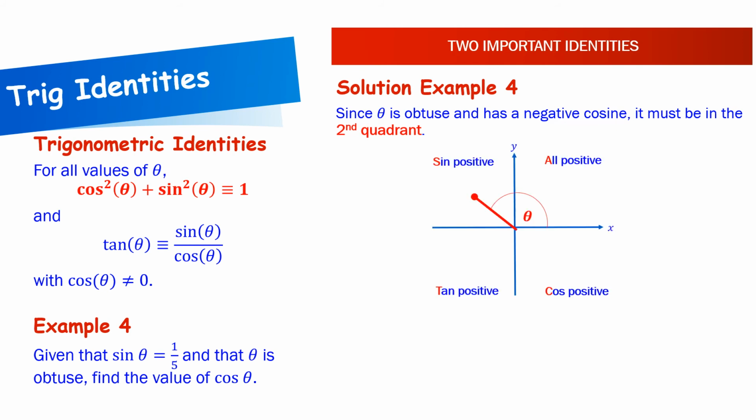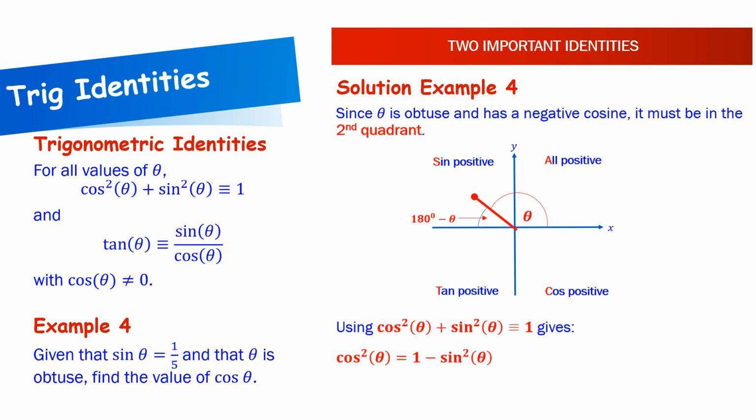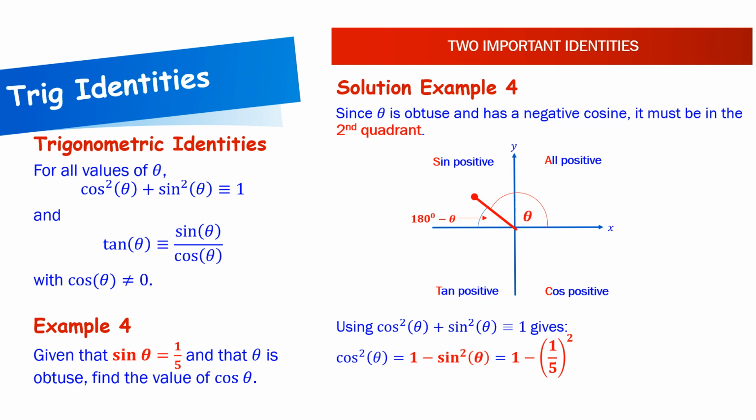as shown. And of course, the little angle that you can see is 180 degrees minus theta. We're going to use the identity cos squared plus sine squared is identical to 1 to give cos squared equals 1 minus sine squared. And substituting in the value of sine theta equals 1 over 5 gives us that cos squared equals 24 over 25.